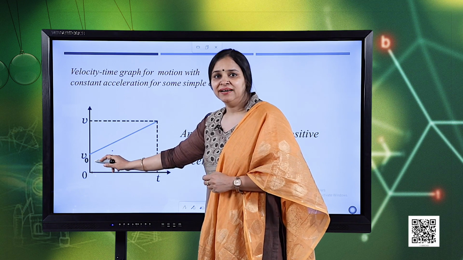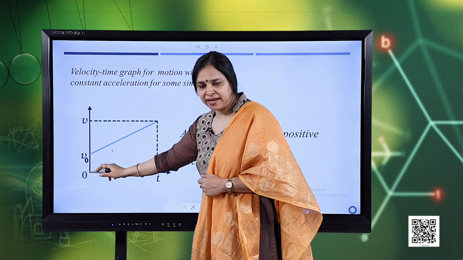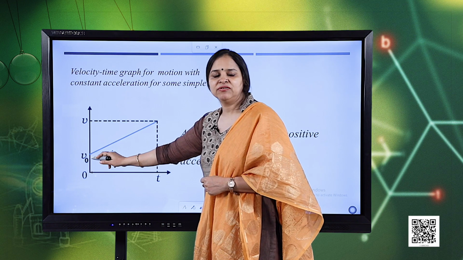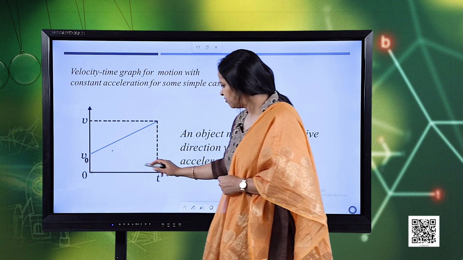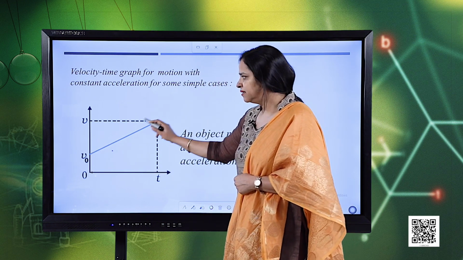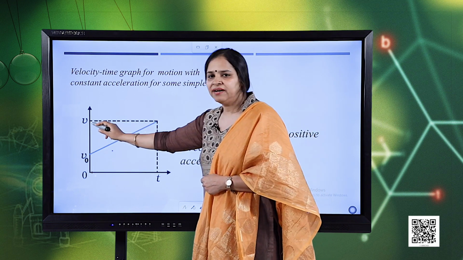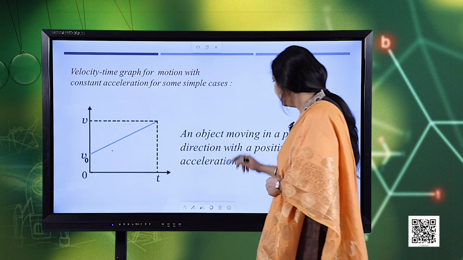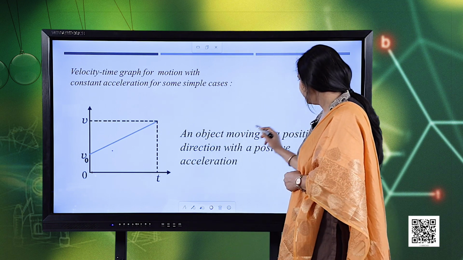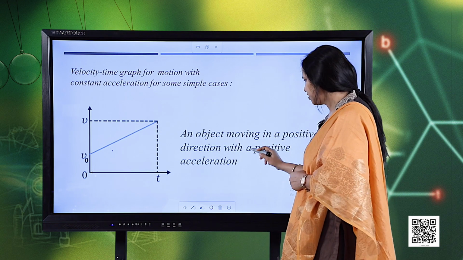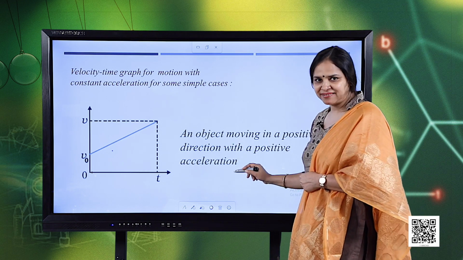Initially, at time 0, the initial velocity is v0. After a span of time t, the velocity is increasing uniformly and the final velocity is v. So, it is an example of an object moving in a positive direction with a positive acceleration.